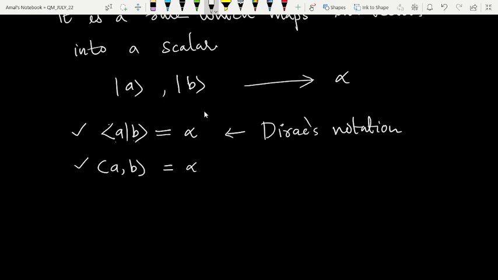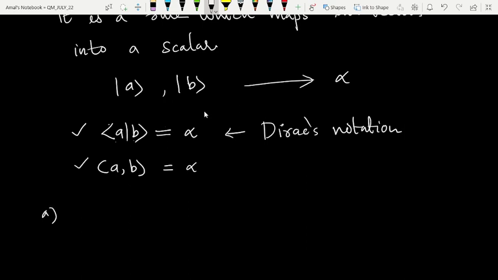Also, this rule which maps two vectors to a scalar must satisfy the following properties. Then only we will call it an inner product. So any random mapping, we cannot call an inner product. This particular mapping should satisfy the following properties.